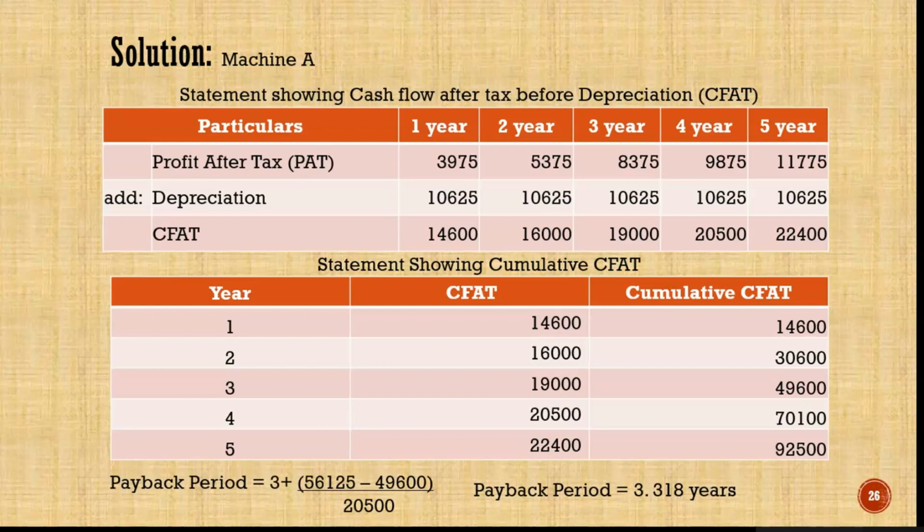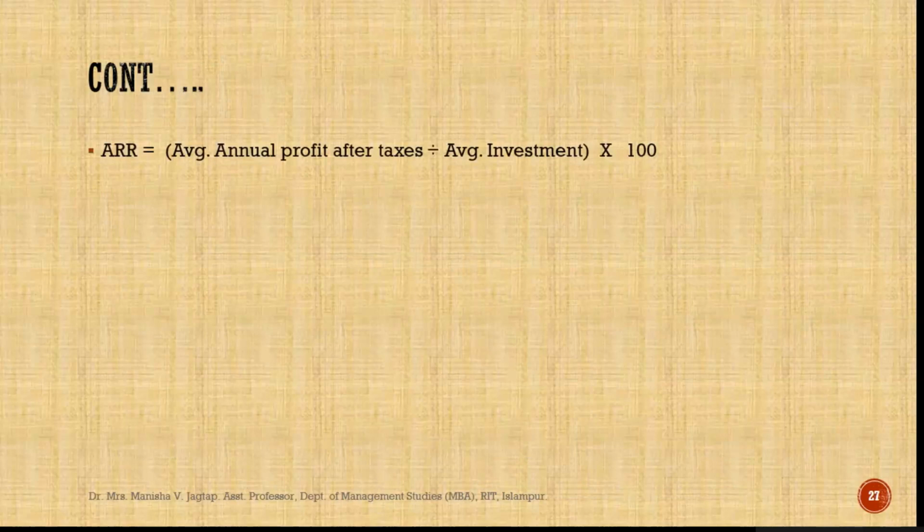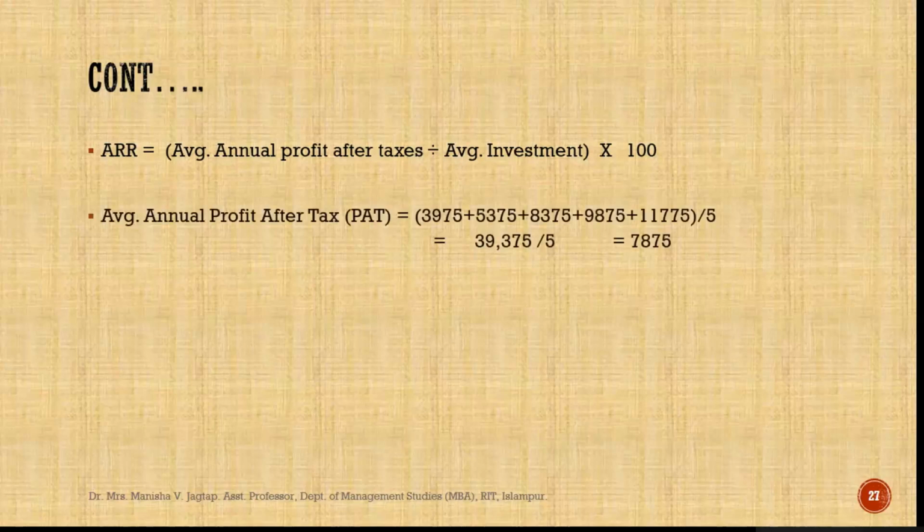Now let us calculate the average rate of return or accounting rate of return. For that, first we will write the formula, that is average annual profit after tax divided by average investment into 100. Now we have the information concerning PAT, which is already given in the example. As we have discussed earlier, in this particular method, we never add back depreciation.